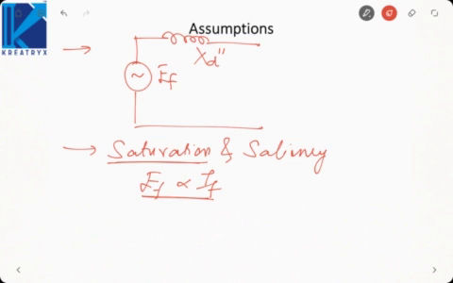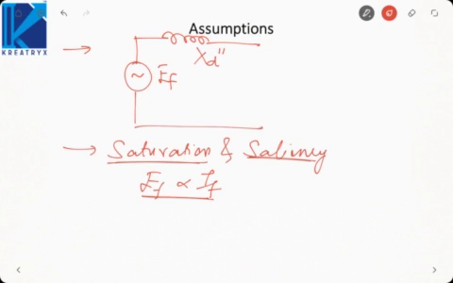Otherwise, if the machine saturates, then EMF will not be controlled by the DC excitation. To keep EMF constant, DC excitation should be directly proportional to EMF, so that if DC excitation is kept constant, the EMF does not change. But if the machine saturates, then EMF will remain constant no matter what the DC excitation is.